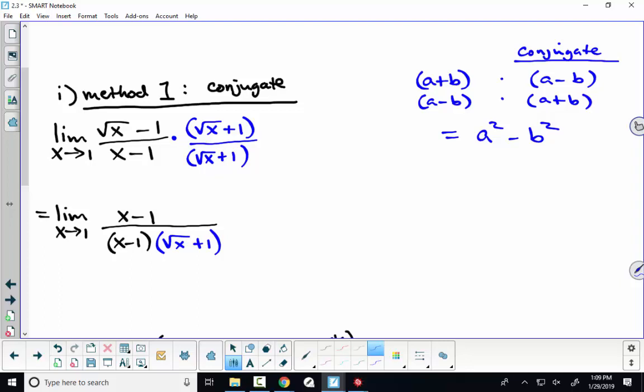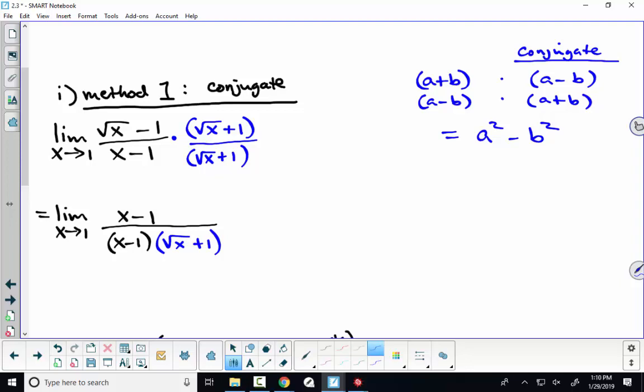Because you can cancel the x minus 1. Yes, because the issue was dividing by 0 from this factor of x minus 1. If we multiplied all of this out, we're losing that piece of information. It's getting scrambled in with all of our multiplication. So we want to explicitly leave what's causing us to divide by 0. We want to leave that alone.